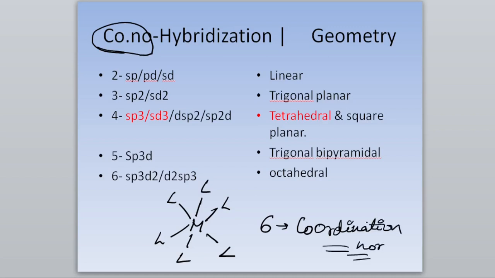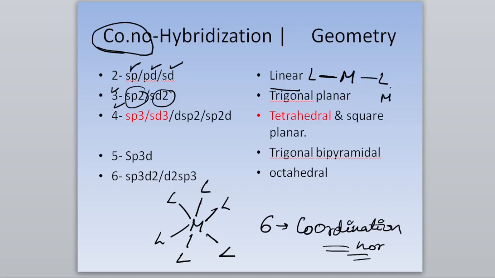So in case of 2 coordination number, the geometry will be linear, that is it will be like this. The hybridization is sp, pd or sd. In case of 3, the hybridization will be sp2 or sd2 and the structure will be trigonal planar.